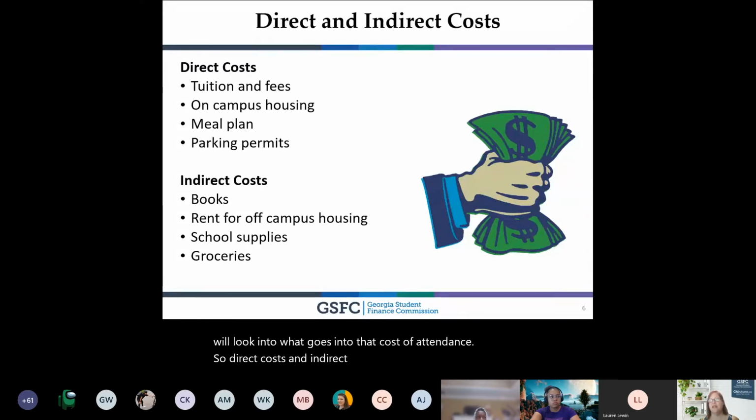Direct costs are things that are directly paid to the institution: tuition and fees, on-campus housing, meal plan, parking permits. But you have other costs to getting your education, and those are indirect costs, not directly paid to the institution. Books would be one, rent, especially if you're living off campus, school supplies, groceries, entertainment, gas, cell phone bill.